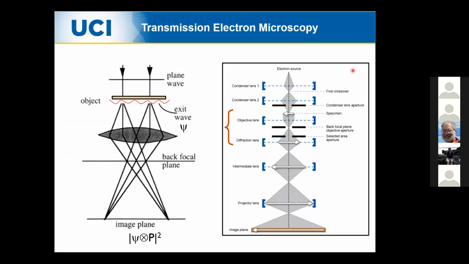All right, so just briefly about transmission electron microscopy. Just like optical microscopy, you have a bunch of lenses. Conceptually, you have an object that is really thin, electron transparent. When high energy electrons impinge on it, they can pass through it, and you have both amplitude and phase modulation. And then you have a lens, and of course here it's not a glass lens, it's an electromagnetic lens that will bend the electrons in a way very similar to optical lenses, except that it has very large spherical aberrations, right?